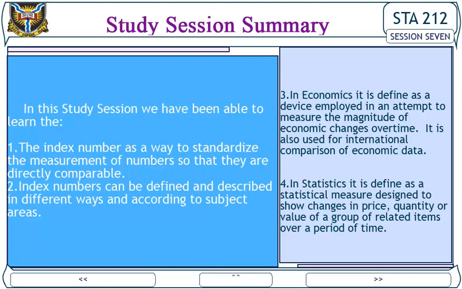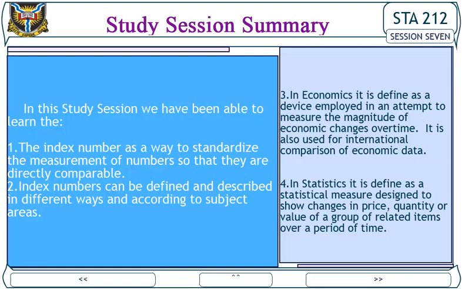Summary of Study Section 7. In this study session, we have been able to learn the following. 1. The index number as a way to standardize the measurement of numbers so that they are directly comparable. 2. Index numbers can be defined and described in different ways and according to subject areas. 3.